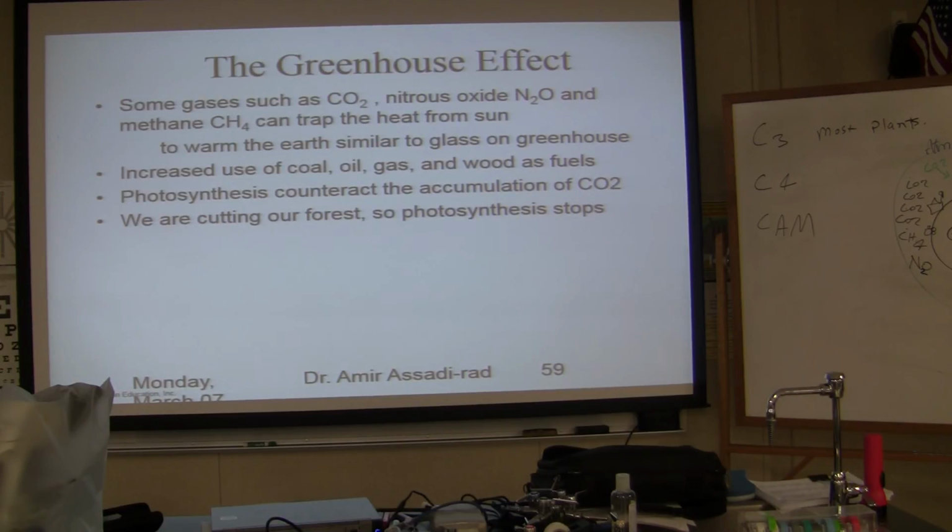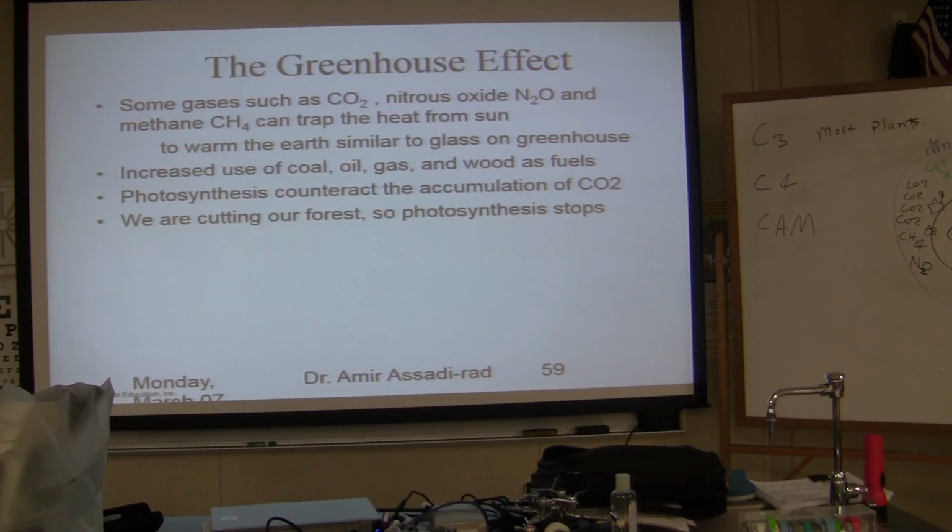Because light comes in, plants perform photosynthesis, and the heat does not get out. If you go to a greenhouse, it's right now warmer than this classroom. You're freezing in here, but if it was all glass, it would be nice and warm. So heat does not leave the greenhouse.